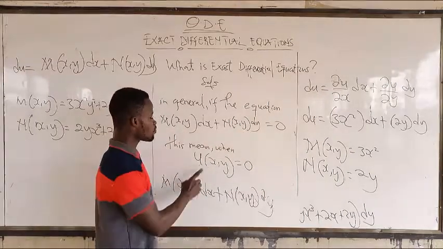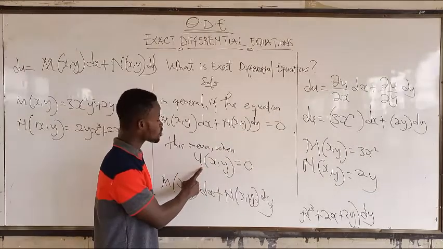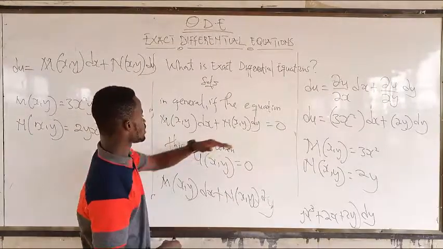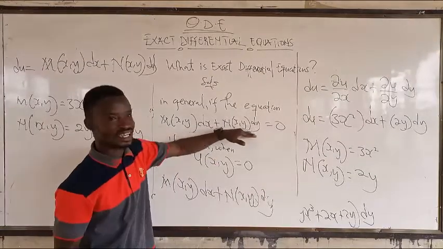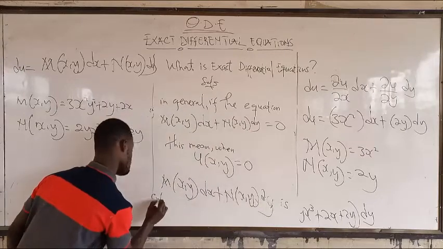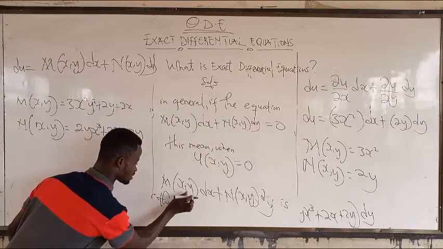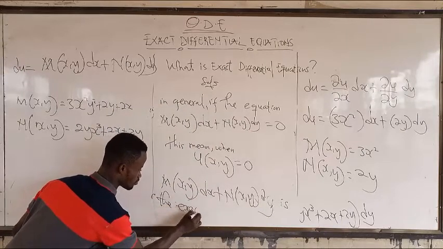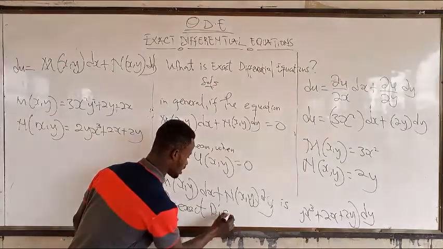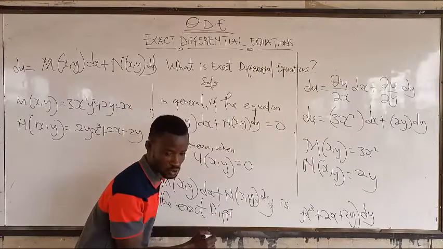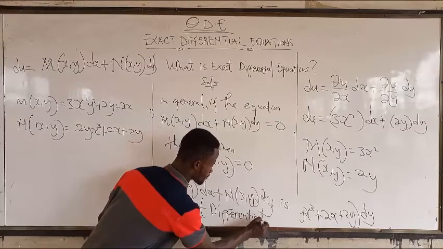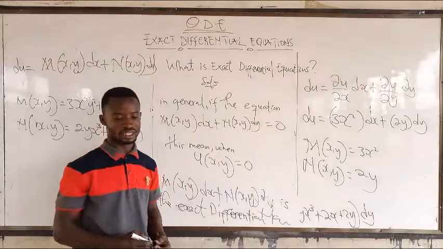So if the function u of x and y is equal to 0, then this left hand side is the exact differential equation.